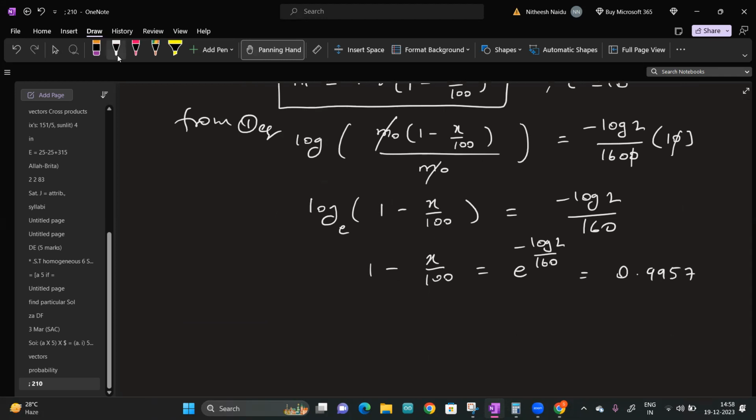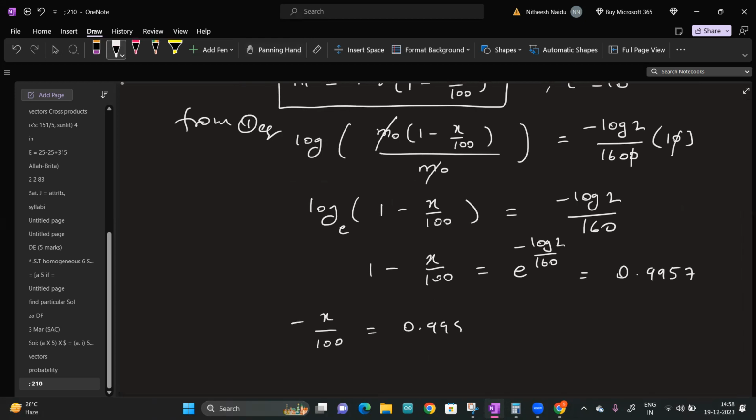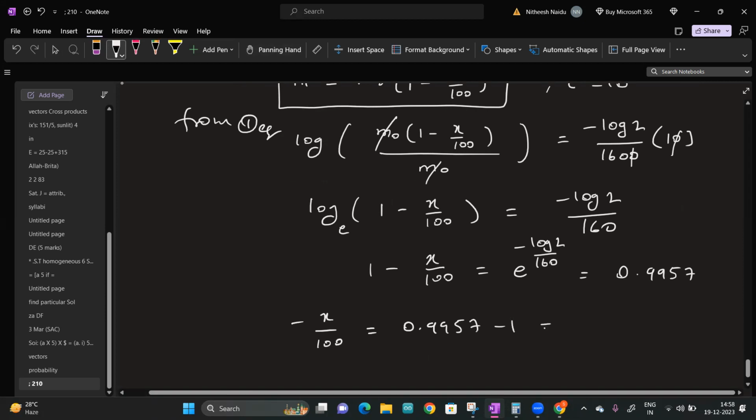Can you subtract it? Minus x by 100 is equal to 0.9957 minus 1. How much is this? Minus 0.0043, am I right? So the minus signs cancel.